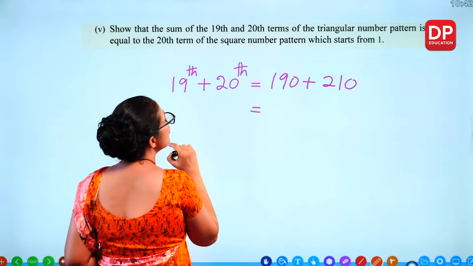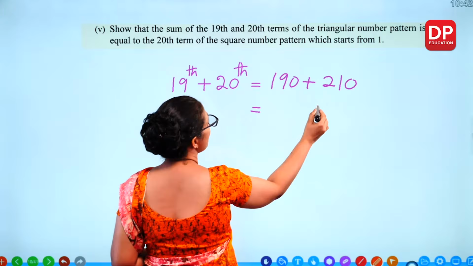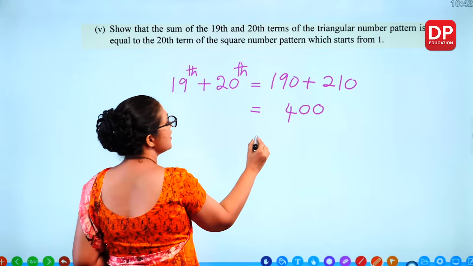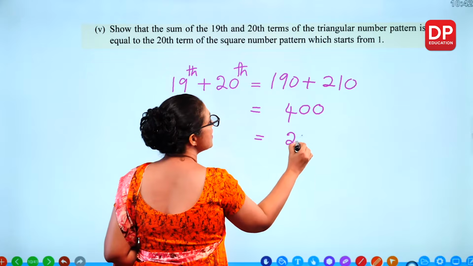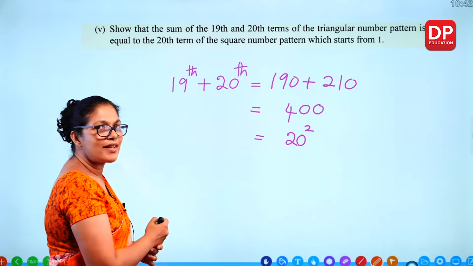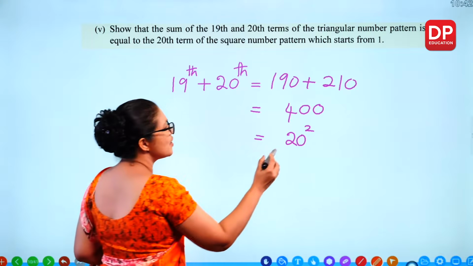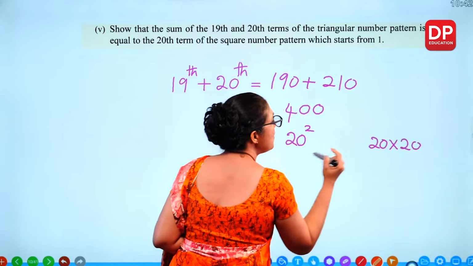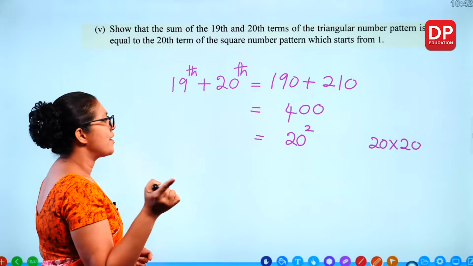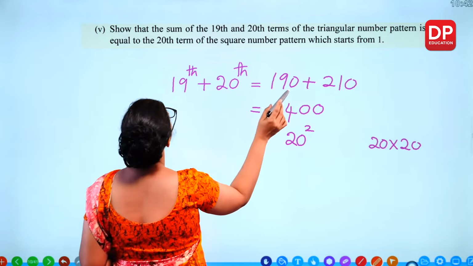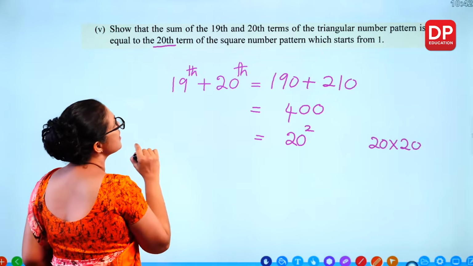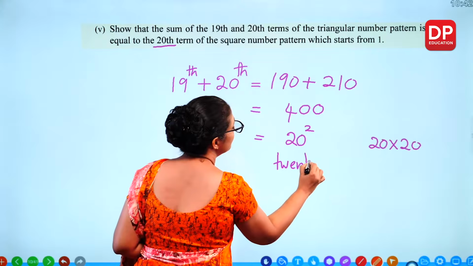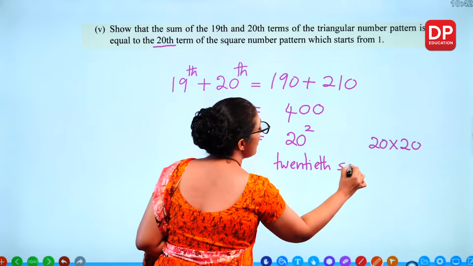When you add them, what do you get? 400. So what's 400? 400 is 20 squared, so 20 times 20. So that's the 20th square number you are getting. So that's correct.